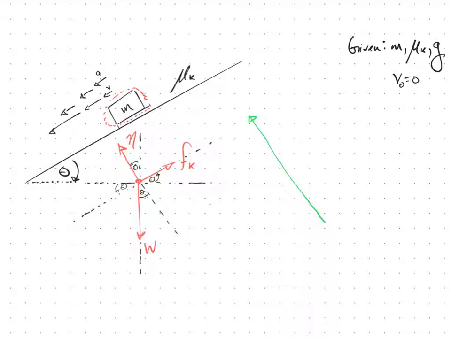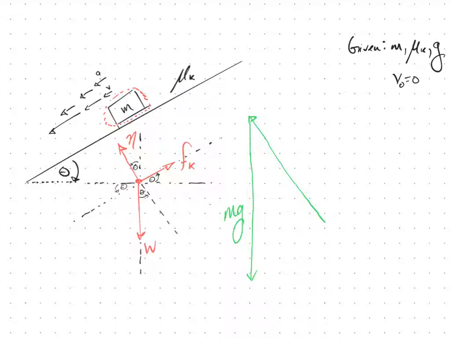I don't like that one. I'm going to draw that again. Something like that. That might be a little too far. Let me fix that. There we go. Because remember, my force vectors have to add to a net force that points in the same direction as my acceleration. So you have to keep that in mind while you're doing this.